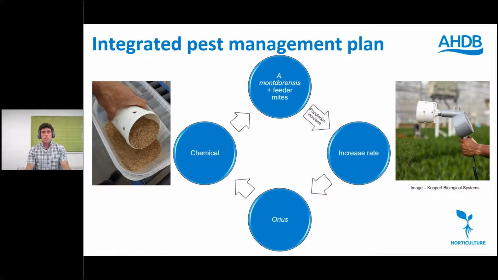So this is our IPM plan, starting at the top with the Amblyseius montdorensis mixed with the feeder mites. On the left-hand side of this slide, you can see our technical way of mixing these two, which is a bucket. And on the right-hand side, you can see the copper mini air bug, which has been good.